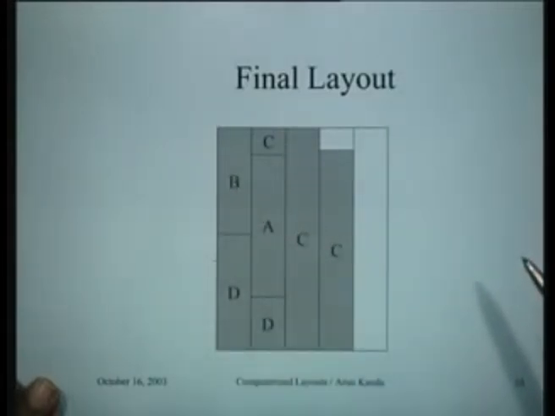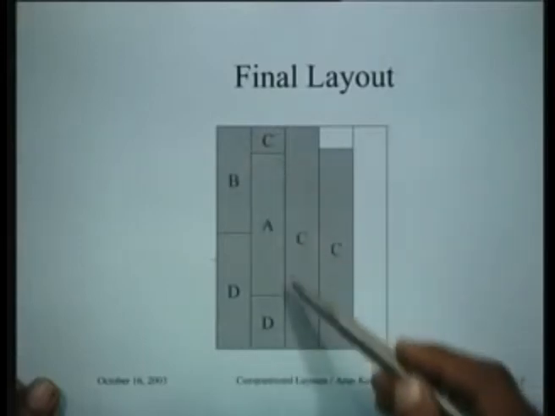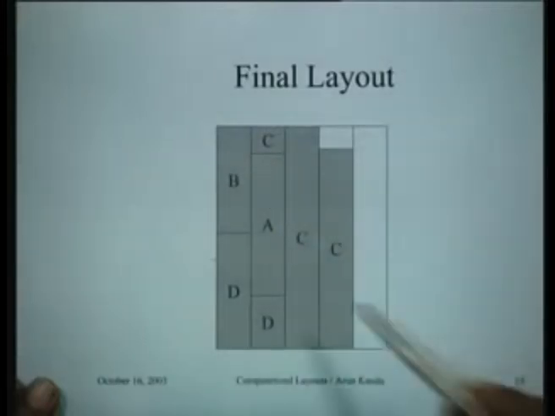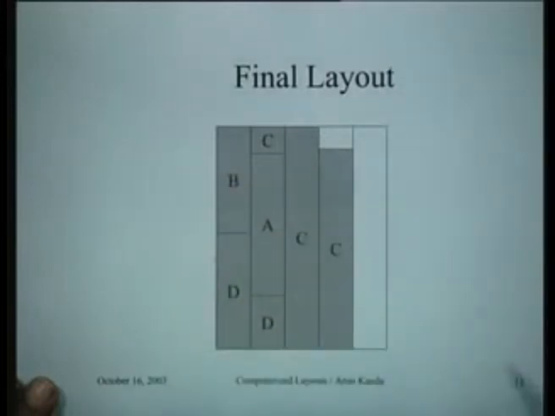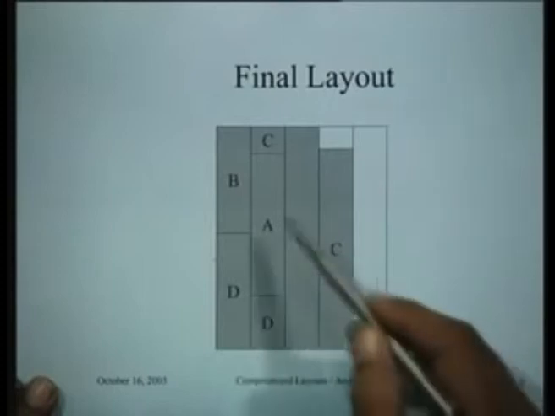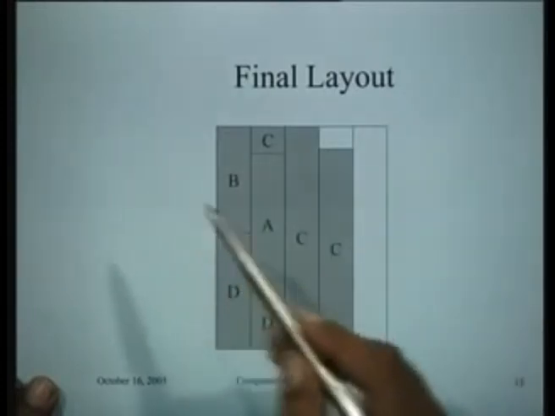So one of the drawbacks of this particular procedure is that you land up with departments, some of which may be non-rectangular. Of course, some are rectangular. B is rectangular, A is rectangular. And another thing which happens is that the final boundary need not necessarily be rectangular. It could be rectangular if the total area of the departments is equal to the total space that you have available.